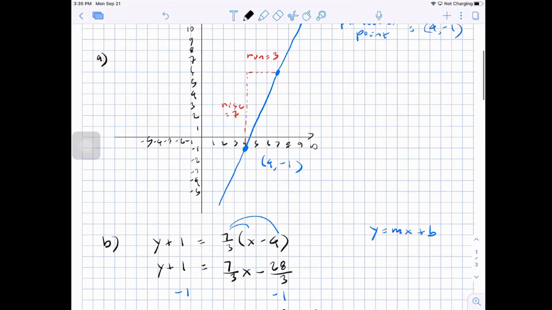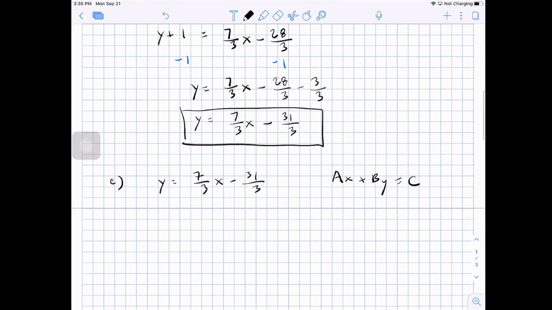Let me look back here. Yep. Where all of those are integers. Okay, so let's start rearranging. Let me not skip any steps. Actually, you know what? I'm going to get rid of fractions right off the bat. So I'm going to multiply the whole thing by 3. So both sides, let's multiply by 3 to get rid of all the fractions.